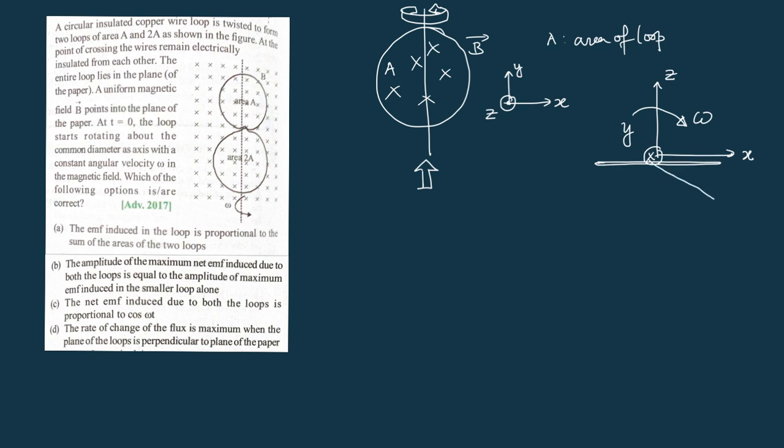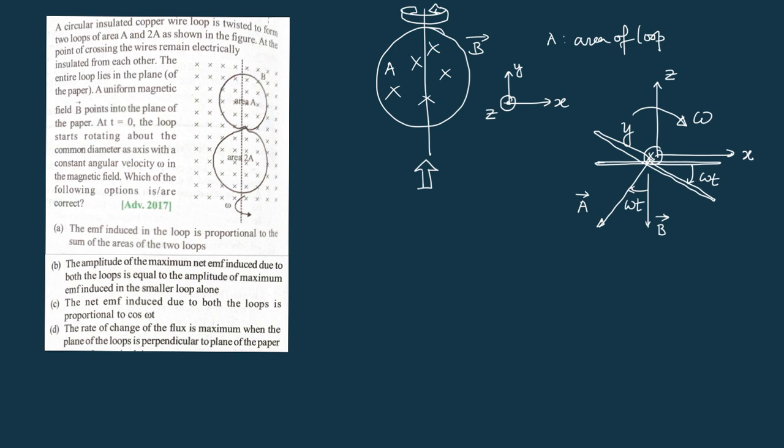So at a certain time, this angle will be omega t, and the magnetic field goes along the negative direction of the z-axis, and suppose this area of the loop is A, the vector area, this angle is also omega t.